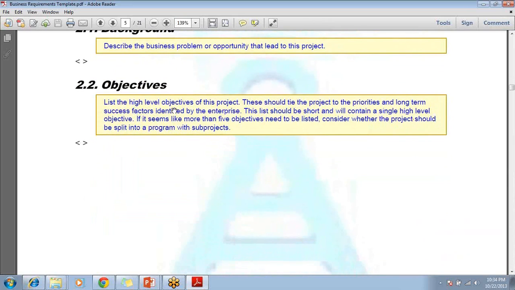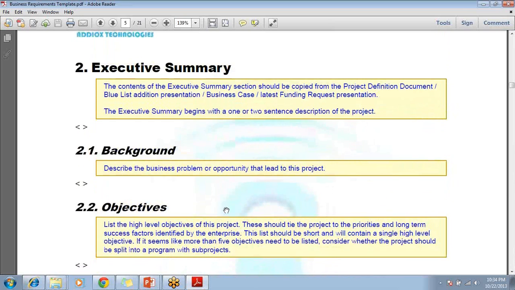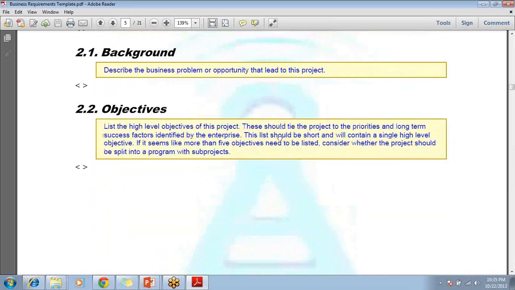Objective: list the high-level objective of this project. This should tie the project to the priorities and long-term success factors identified by the enterprise. Moreover, why you are doing it. End of the day, it has to tie back. Because you are doing it because that's a company objective.